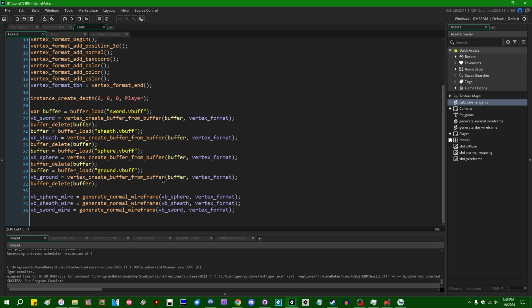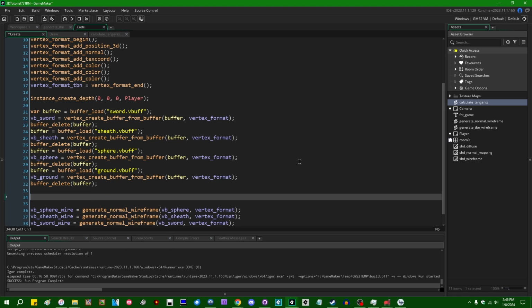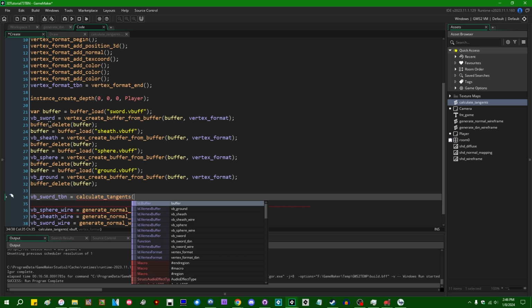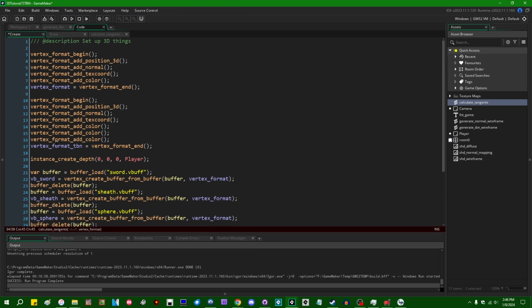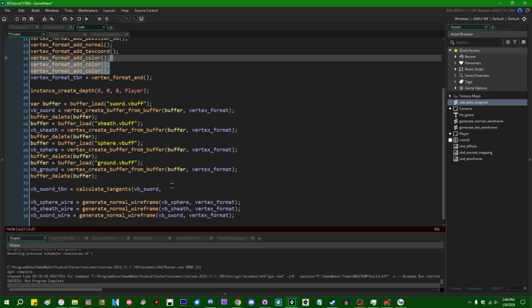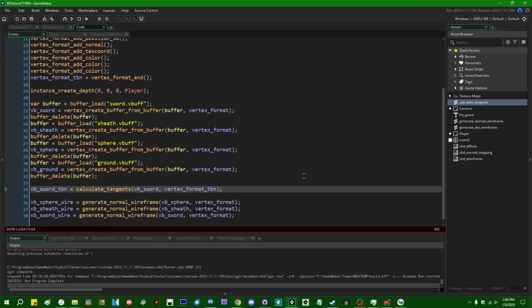We'll be able to call this function something like VB underscore sword TBN is going to be calculate tangents. The vertex buffer can be the original VB underscore sword, and the vertex format in question is going to be the vertex format which contains a position, normal, texcoord, color, and two additional colors, which will contain the tangent and the bitangent.